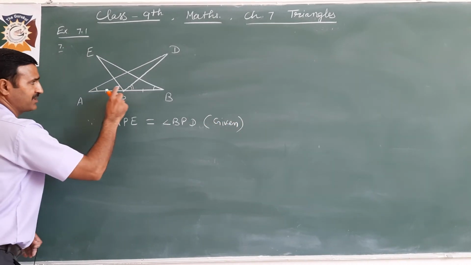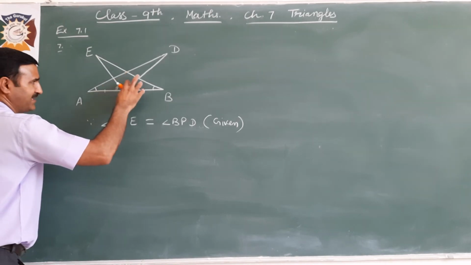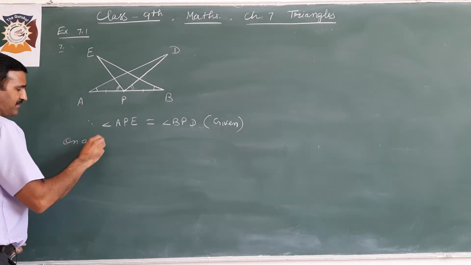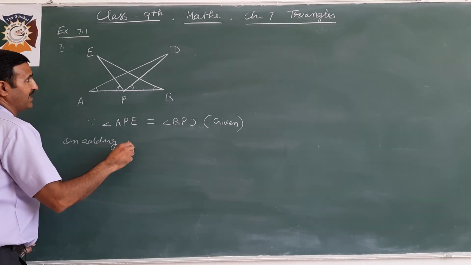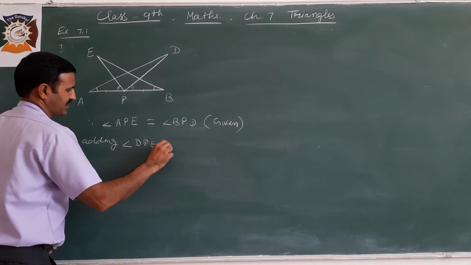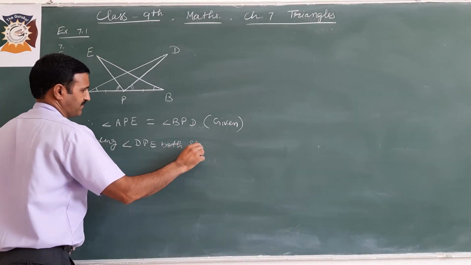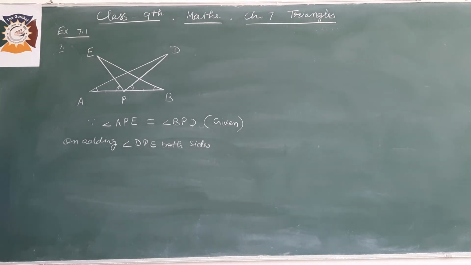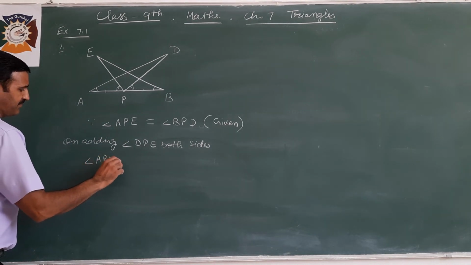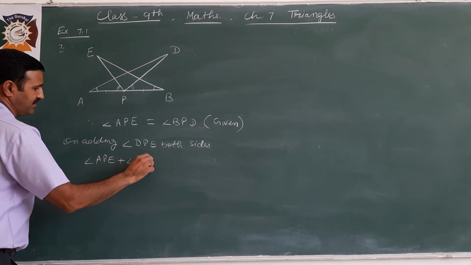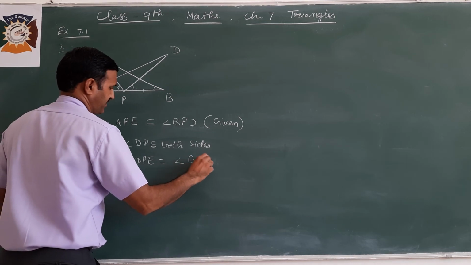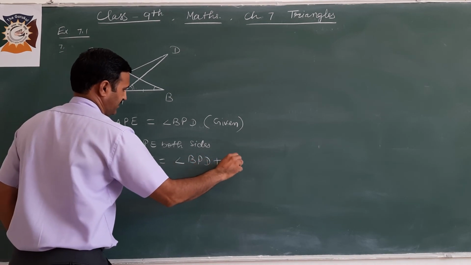देखो ये और ये दो एंगल्स इक्वल दिए हुए हैं, अगर दोनों साइड में ये प्लस कर दूं, on adding angle DPE both sides, अगर दोनों साइड में ऐड कर दूं इसको, what will happen, APE plus angle DPE is equal to angle BPD plus angle DPE.